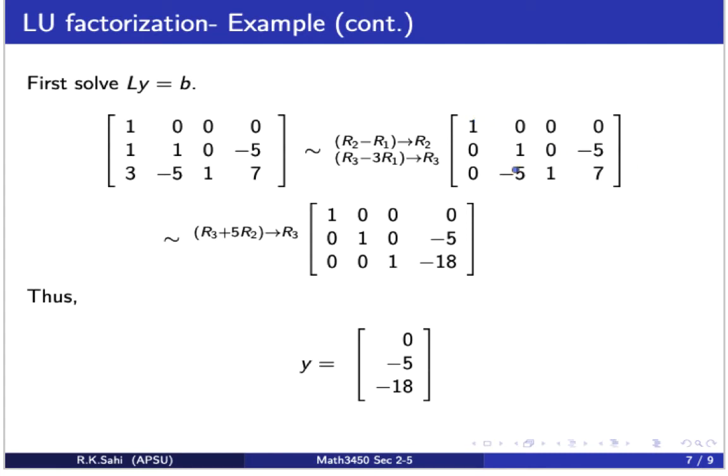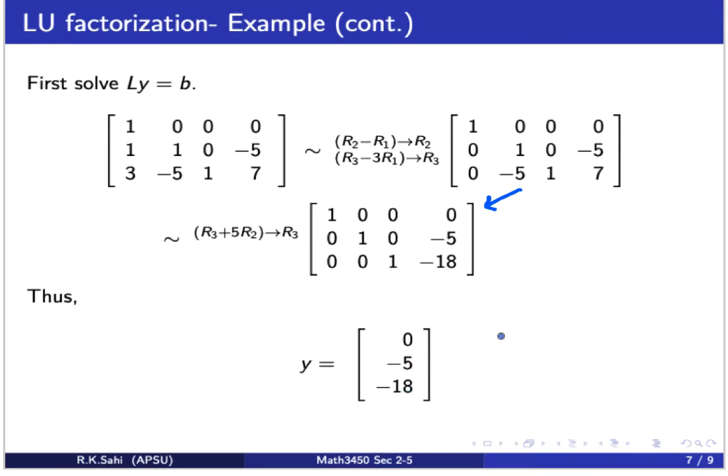Then we make this element -5 to be 0 by applying this row operation, and we get a triangular matrix. This is the value for y. Basically, you're solving this linear system where we're looking for y.